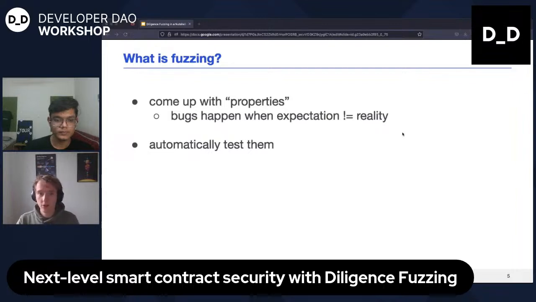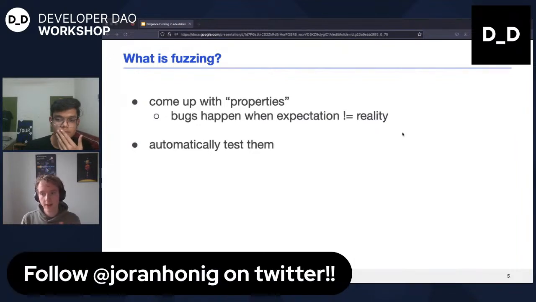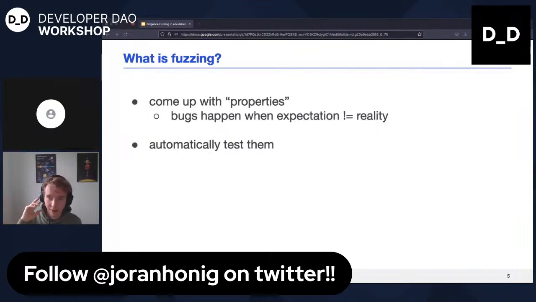So fuzzing comes into play in the middle there, covering both correctness and smart contract security. What you do when you use our fuzzer, and also other fuzzers, is you come up with properties. Properties are generic statements about the code that you think should be true. And the key factor here is that you think they should be true.